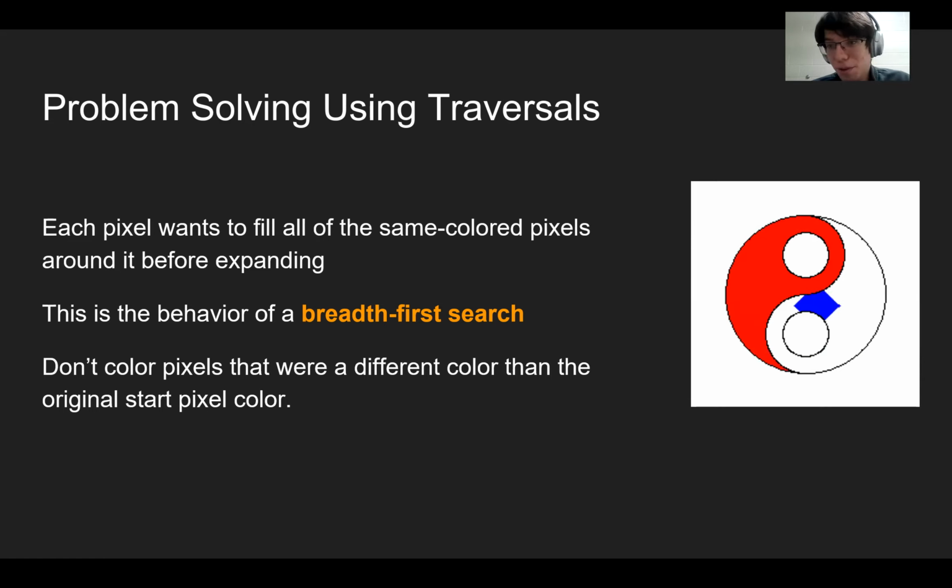So this is breadth first search behavior. You don't color pixels that were a different color than the original start color. If it's the original start color, then we fill it in. But if it's not, then we don't. And we keep going one away. That's what you're seeing here, it's filling in, going further and further from our source.